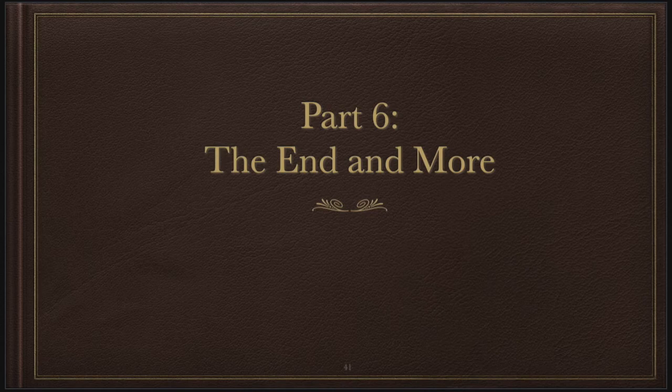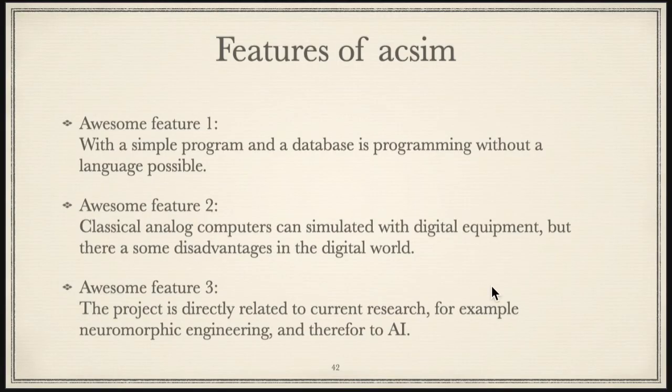So let us come to the end. Features of AC-SIM. Feature 1: with a simple program and a database, programming without a language is possible. Feature 2: classical analog computers can be simulated with digital equipment, but there are some disadvantages in the digital world.